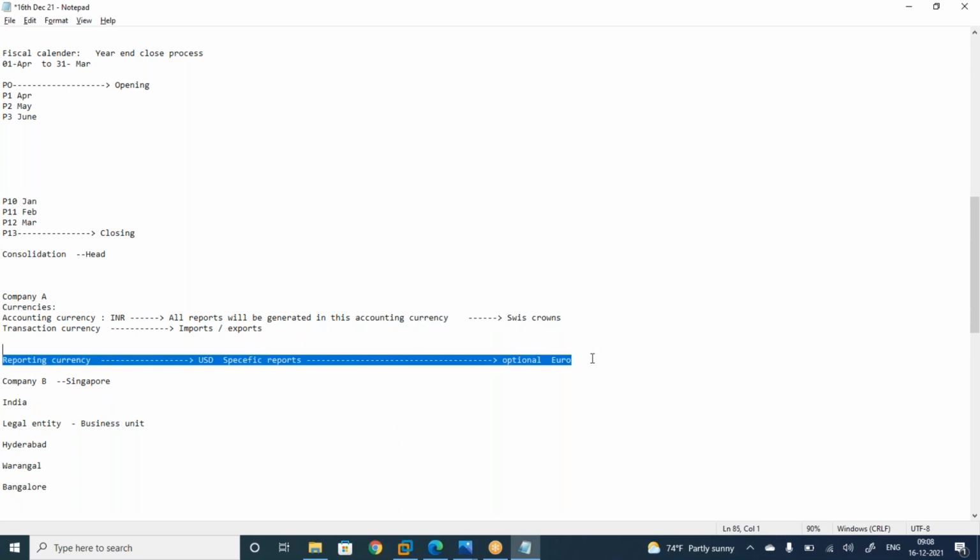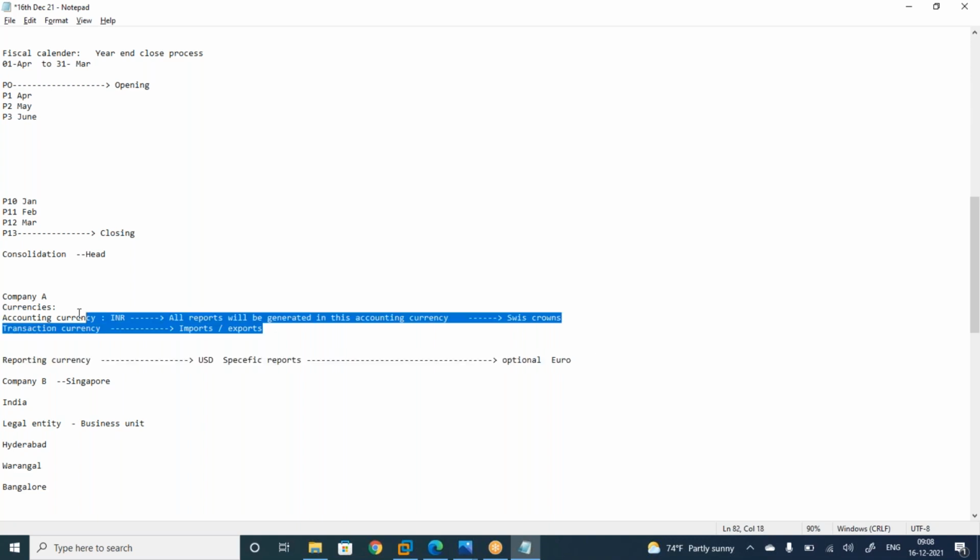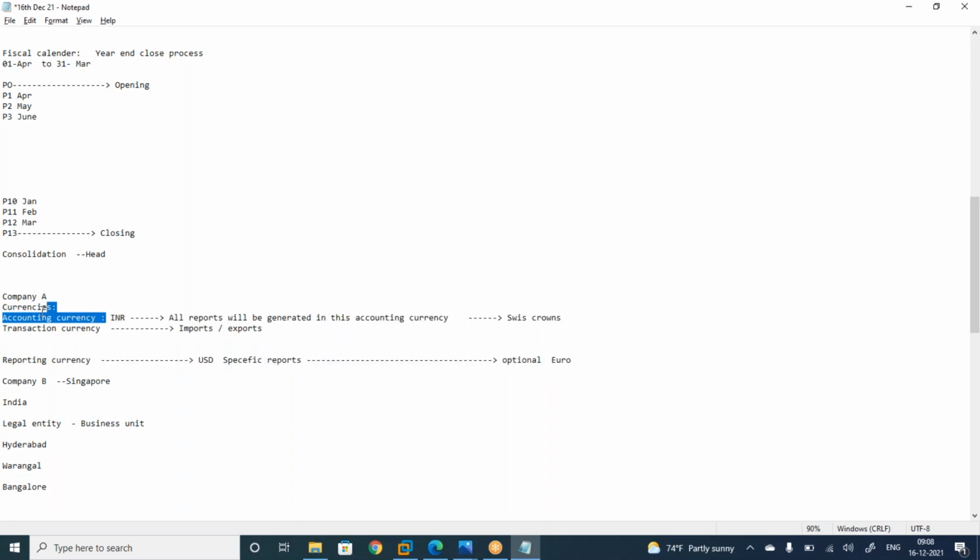But these two will be mapped automatically. First, you are mapping INR. And if you are not doing any imports and exports, then this is also INR only, always. Both are the same. If in case exports or imports are there, then instead of INR, it will post to whatever currency you are mapping.